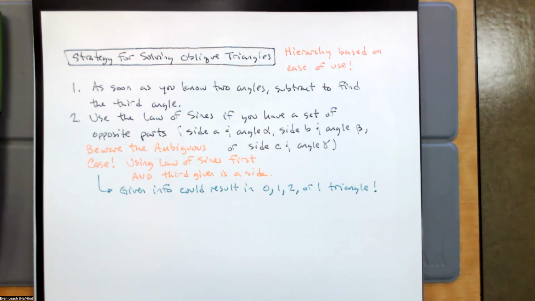Ultimately, if the third given is an angle, we're not doing the law of sines first. The first thing we did was find the third angle. So really, if you're using the law of sines first, then you got to be careful.